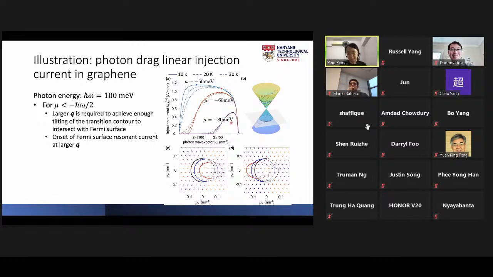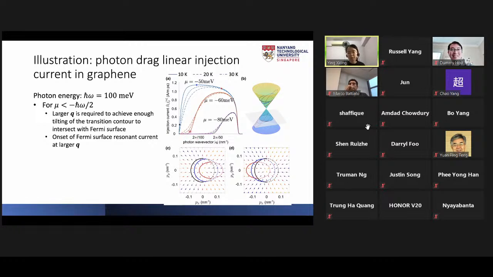Now, let's look at the red curve and the purple curve, which is the case when the Fermi energy is below minus half ħω. In this case, when Q is very small and the tilting of the transition contour is very small, the Fermi surface is entirely below the transition contour, so no transition is allowed, and the linear injection current should be 0.